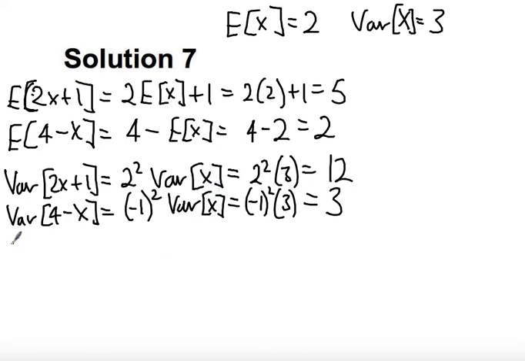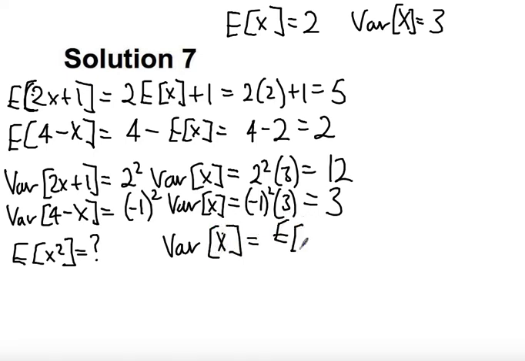Finally, I'm told that I want to find the expectation of x squared. I know that the variance of x is equal to the expectation of x squared, take away the expectation of x all squared.